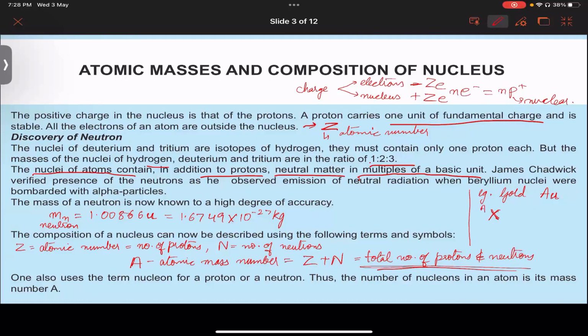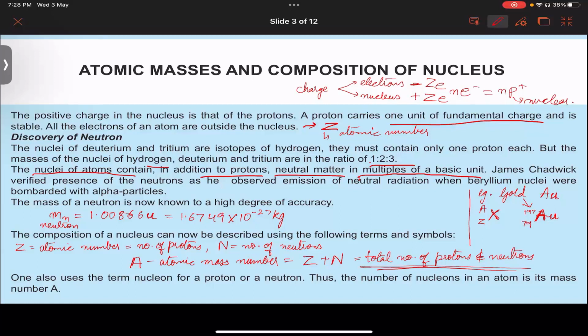On the left-hand side, you write the atomic mass number on top and the atomic number below. So for gold, Au is your symbol, and it has atomic mass number 197, and your atomic number is 79.